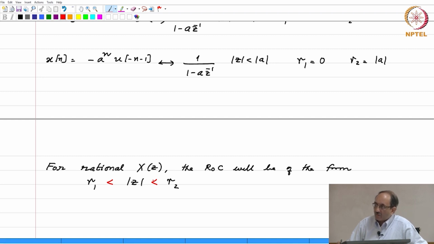For rational transfer functions, this is how the ROC will be, and the ROC will be bounded by poles. So, this is exactly the same as what was happening in the Laplace transform case. In the Laplace transform case also you would have had sigma 1 strictly less than real S strictly less than sigma 2. There also you had the ROC bounded by poles.